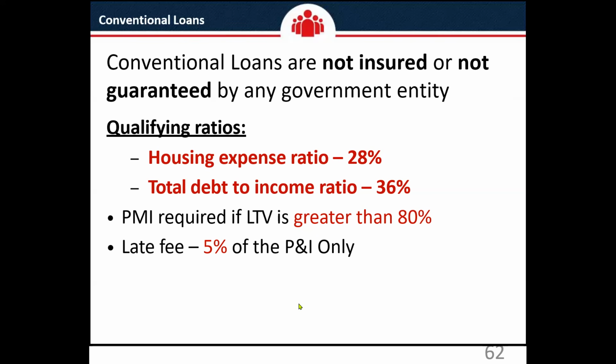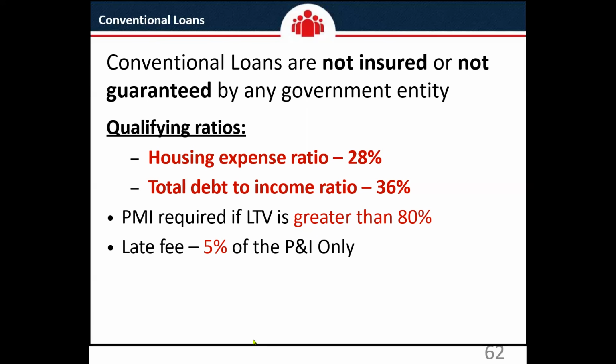PMI is required if the loan to value is greater than 80%, and the late fee is what every servicer charges for the loans that they service, whether they're conventional or government. Servicing means taking insurance and taxes and paying them and notifying the lender when things go wrong, and they get paid for that. If it's a conventional loan, they get 5% of the principal and interest payment if the consumer is late.